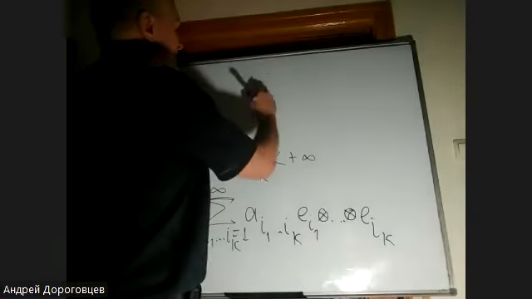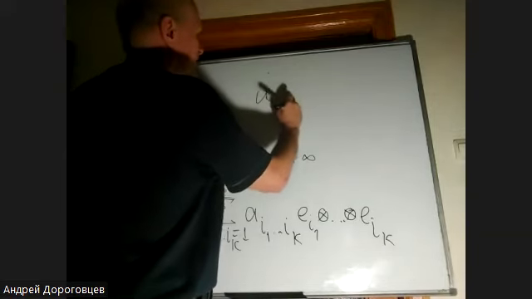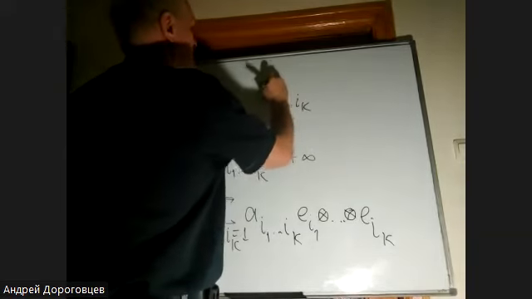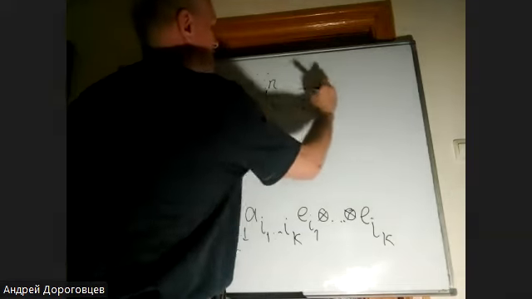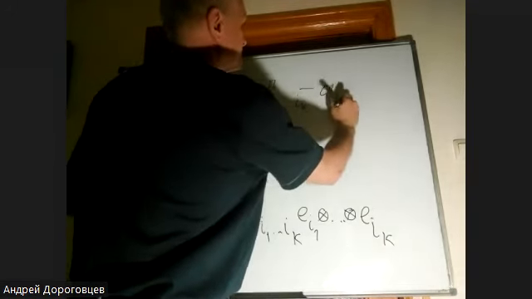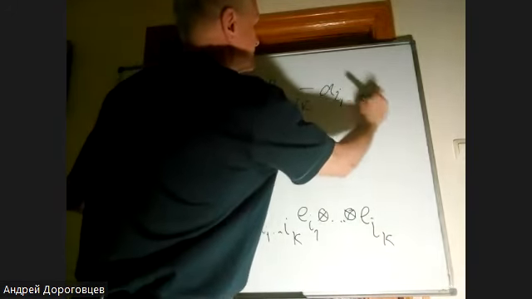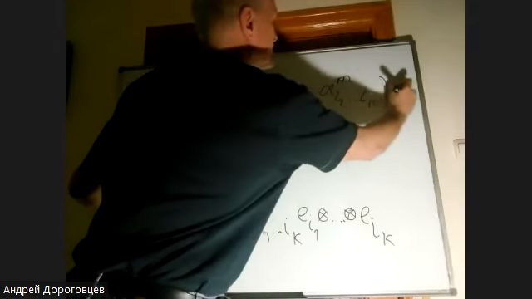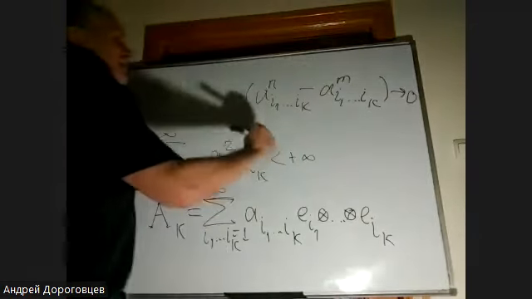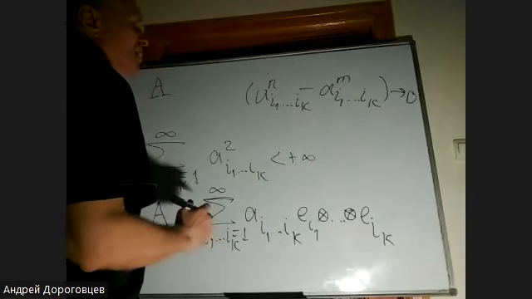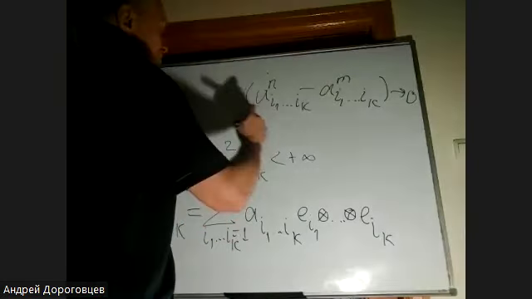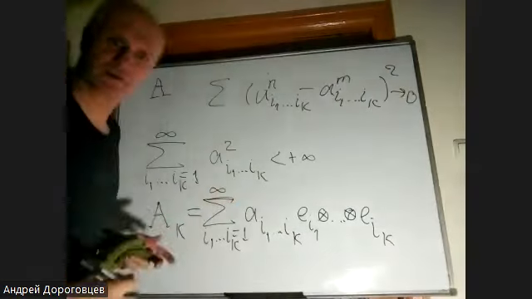We know that the difference tends to 0, because the sum of squares tends to 0.